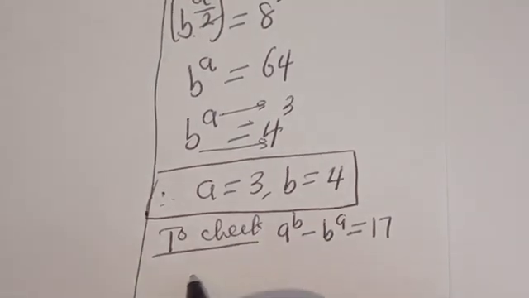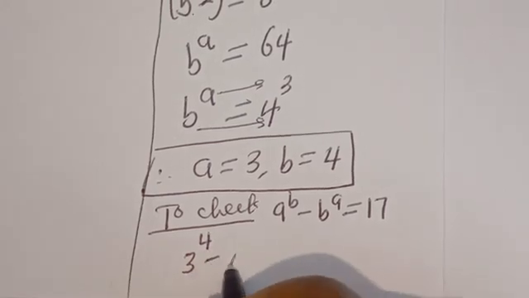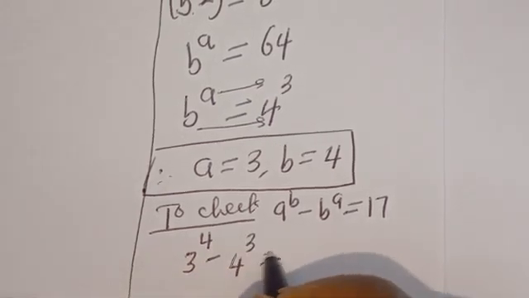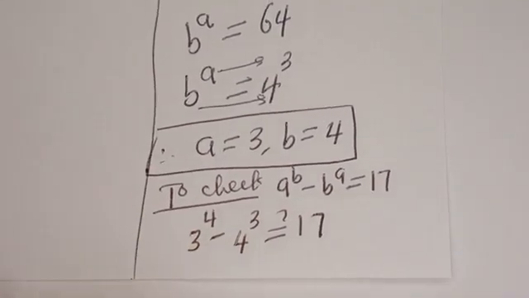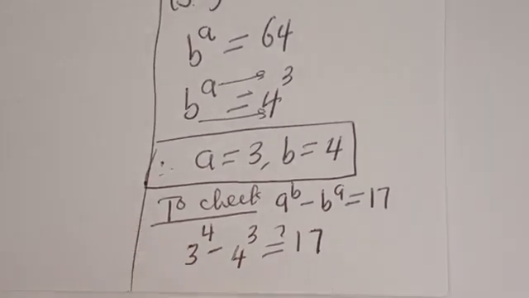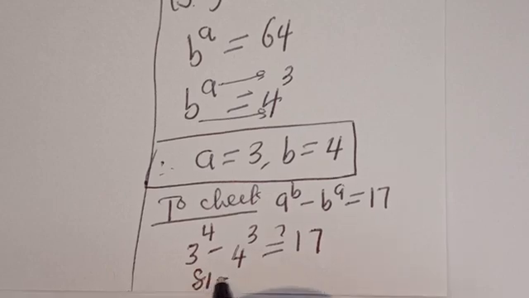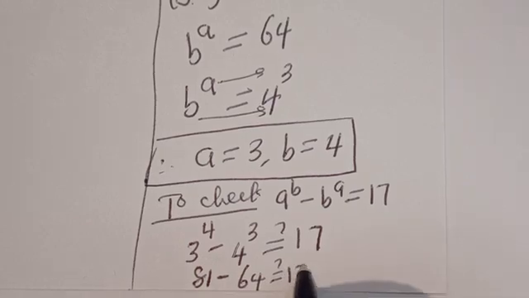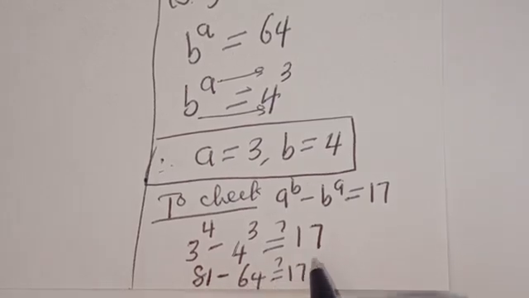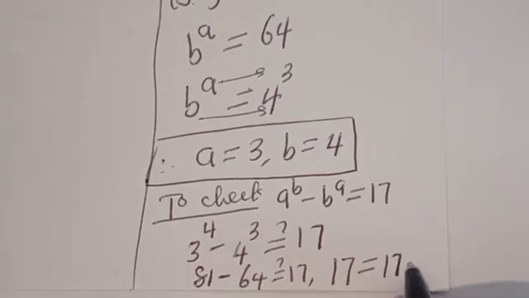Then a is 3 and b is 4, so 3 to the power of 4 minus 4 to the power of 3 must be equal to 17. Then 3 to the power of 4, that is 81, minus 4 to the power of 3, that is 64, must be equal to 17. 81 minus 64 is 17, which is equal to 17, which is true.